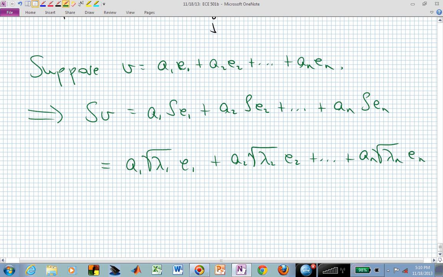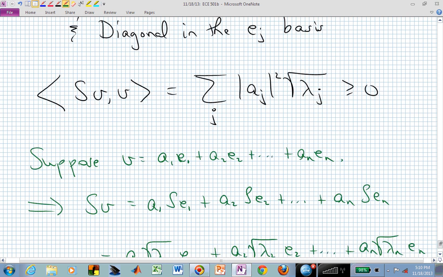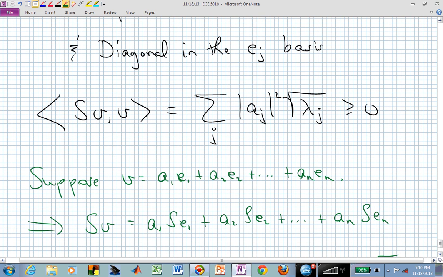And we're left then with A1 times A1, and if A1's complex, we've got the conjugate, so we have A1 times its conjugate, which is the magnitude of A1 squared, times the square root of lambda 1, and I think that's what we were saying up here in this sum.